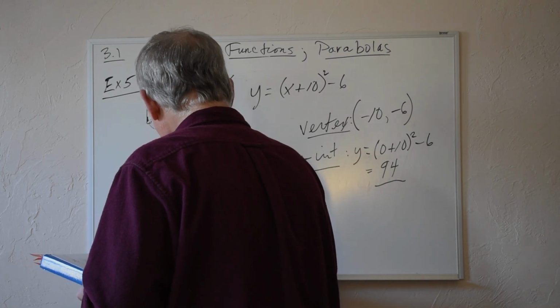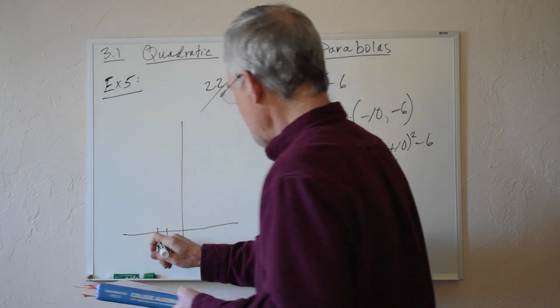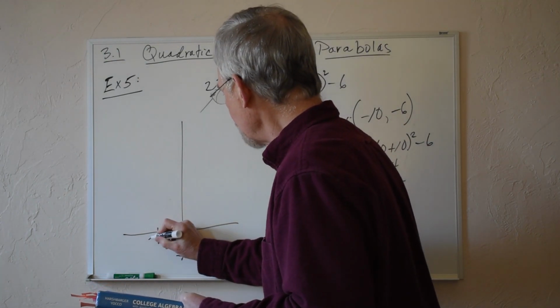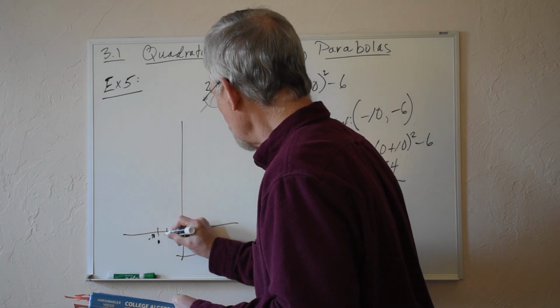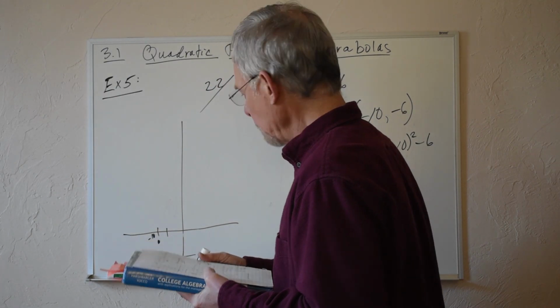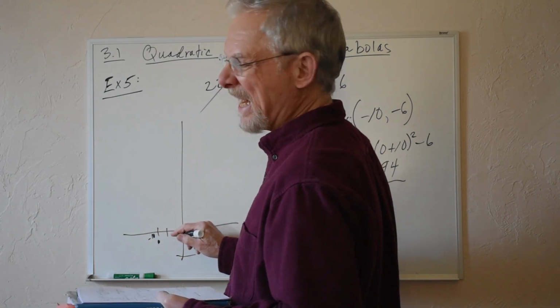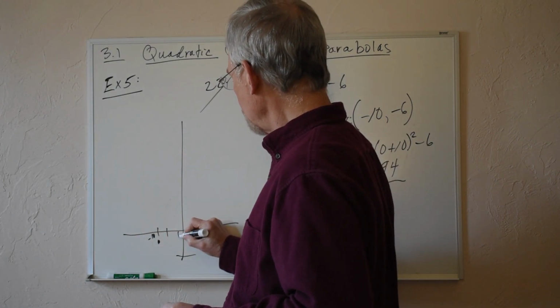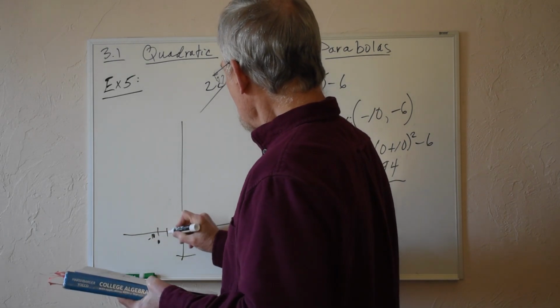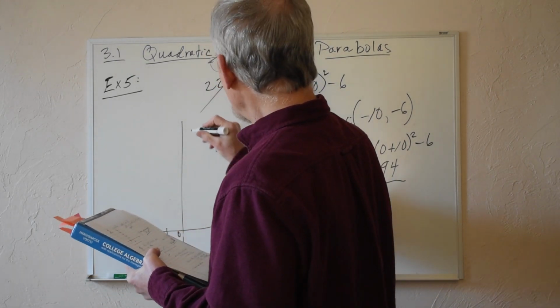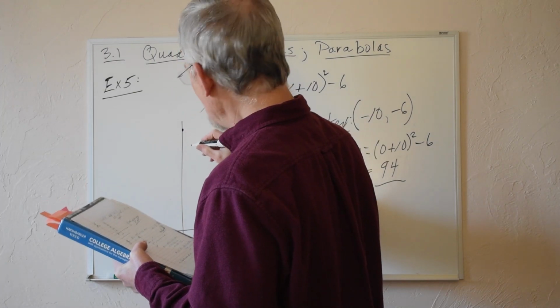Vertex is down here at negative 10, if I am marking these gradations down here as units of 5. And the y-intercept is way up here above 90.